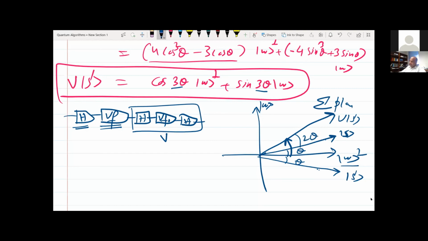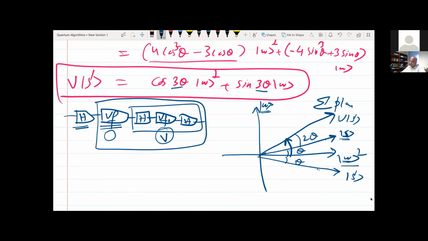Now, at the end, we want an output W. So it means that we have been able to take our state S from making angle theta with the W perpendicular axis. We have been able to rotate it towards what we want by an angle 2 theta. So if we keep operating this V part and this UF part, so if I, let's say, instead of once, I did it again.